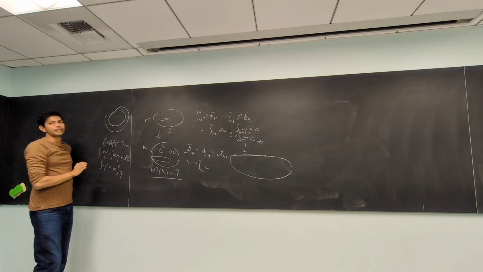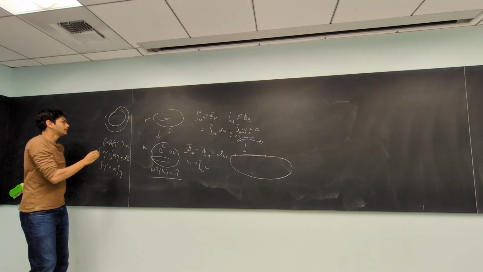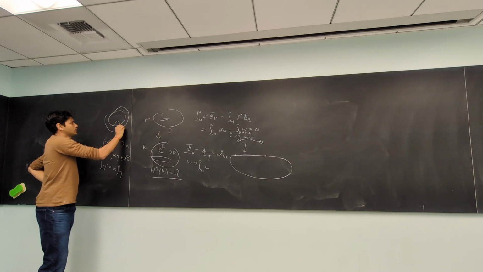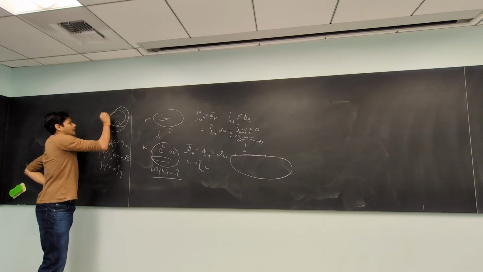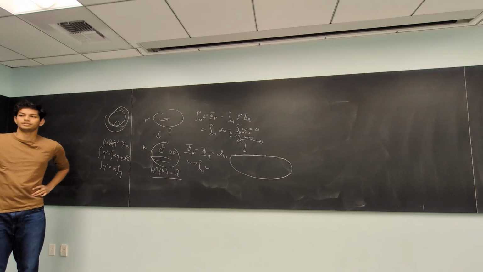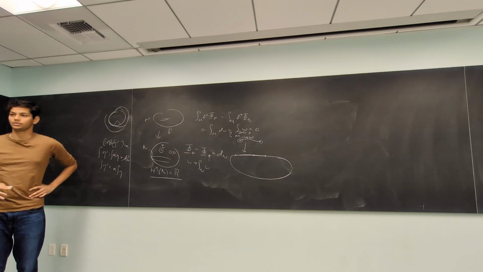By the time you get back to the beginning, you'll end up with something positive again. But if you had a negative contribution to cancel that out, once you get here you'll push it back down to 0, and you have a well-defined integral. So if the integral of something over the manifold is 0, then you can integrate it once and get a form of one lower degree. That's intuitively what's going on.